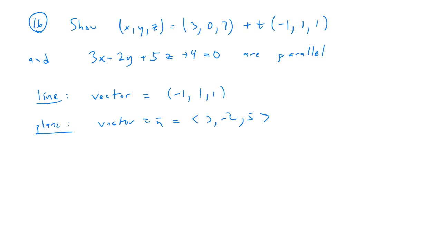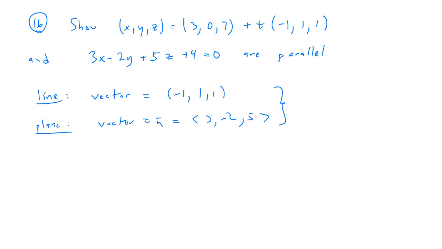So the question is, are the line and the plane parallel? In terms of the vectors, what has to be true about these two vectors for the line and the plane to be parallel? So the idea is since the vector that goes with the line is parallel to the line, the vector that goes with the plane is perpendicular to the plane.